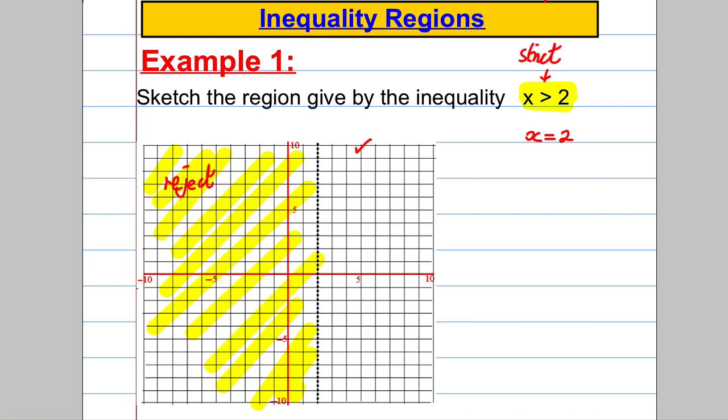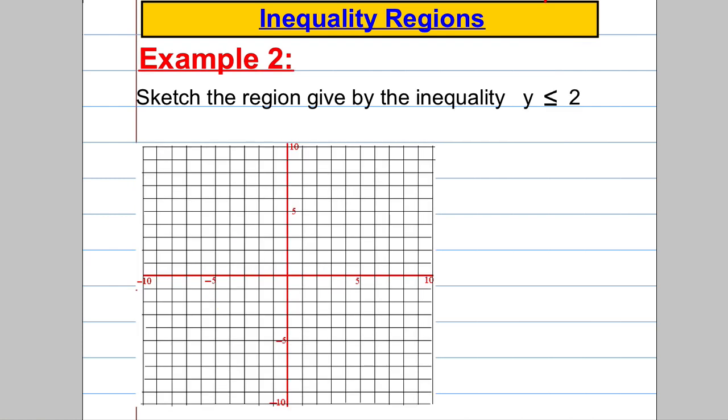Right, next example. Let's draw the region bounded by the inequality y is less than or equal to 2. So here we don't have a strict inequality. It's not strict, because y can also equal 2. So we're going to draw the line y is 2, but this time it's not going to be dotted, it's going to be a straight line. So y is 2 is along here, because every point along that line has y coordinate 2.